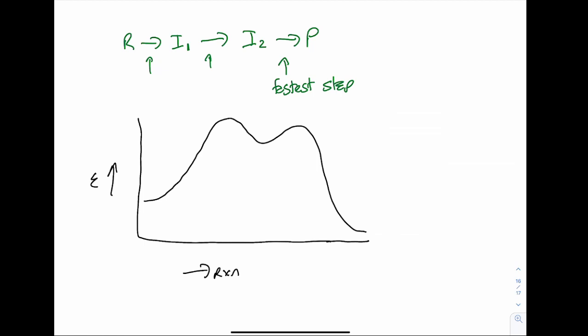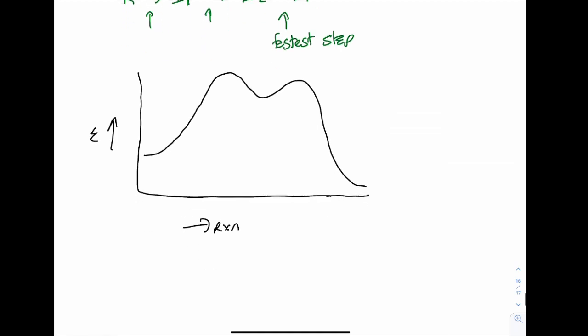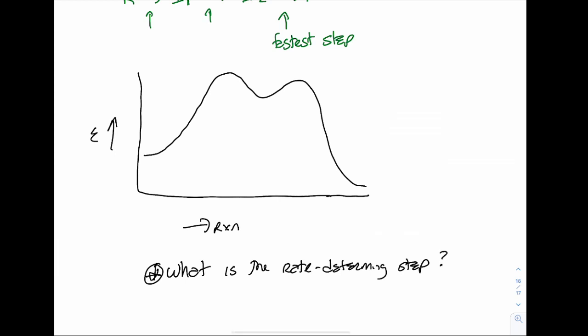My question to you on this one is, what is the rate determining step? Again, we're going back to your kinetics past from 152. In chapters 7 and 8, we are going to be talking about rate determining steps, and I will review it more then, but this is just a little preview. So our first step or our second step?